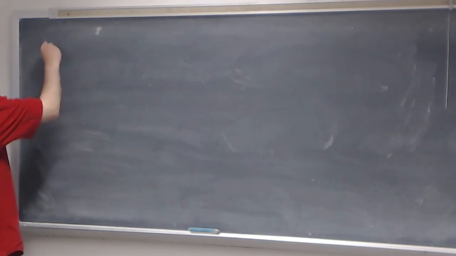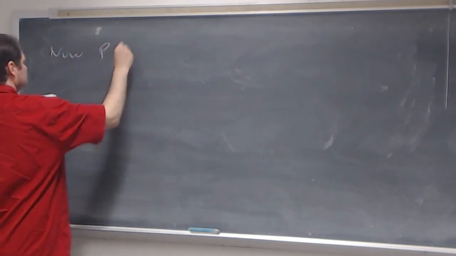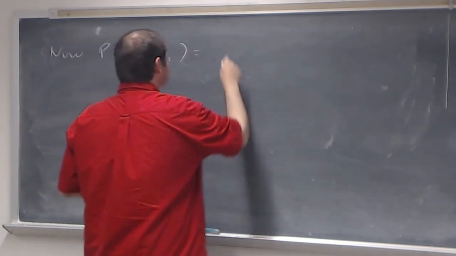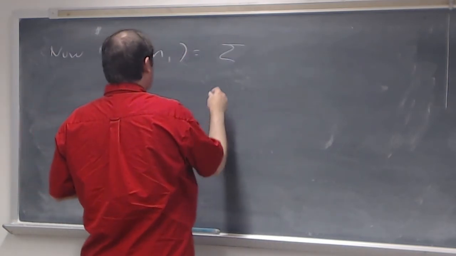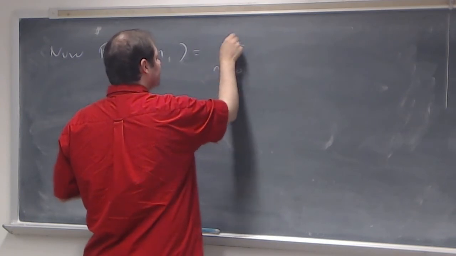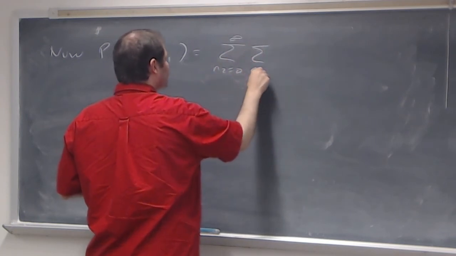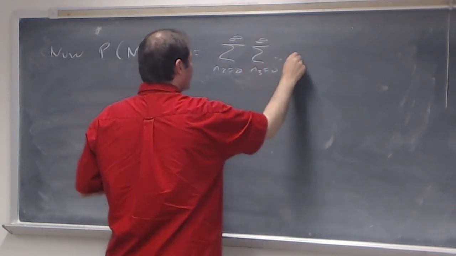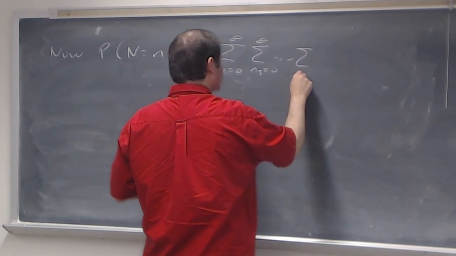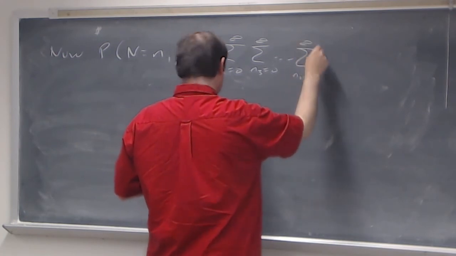Okay, what we're going to look at next is the PMF for n sub 1. Well, the way we would express that, that's the sum as n sub 2 runs from 0 to infinity, sum n sub 3 runs from 0 to infinity, and so forth. Sum all the way from n sub k running from 0 to infinity.